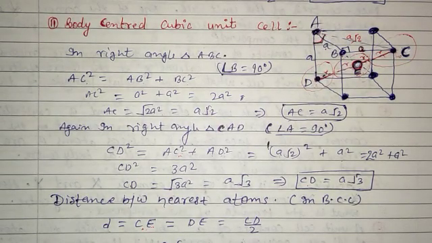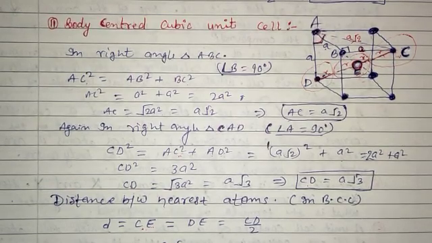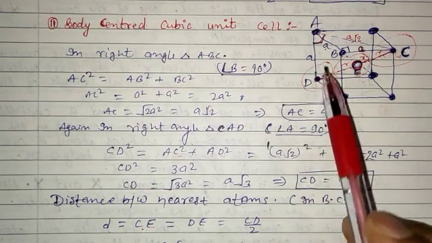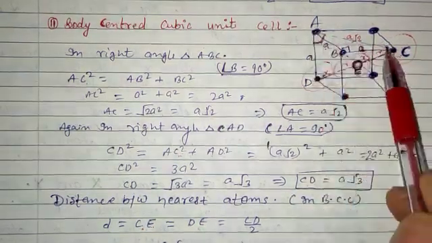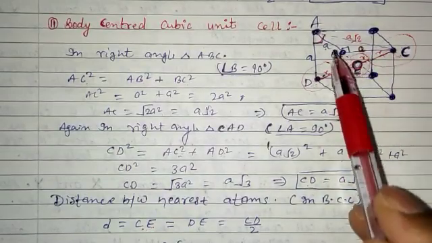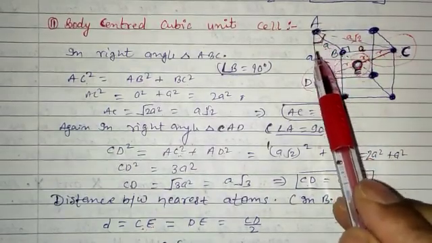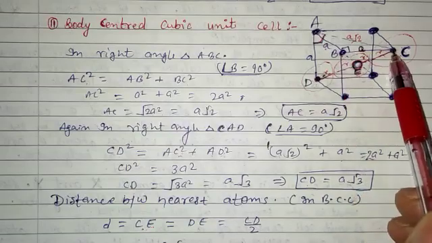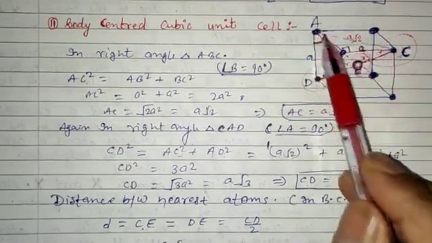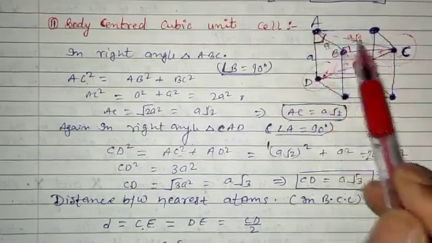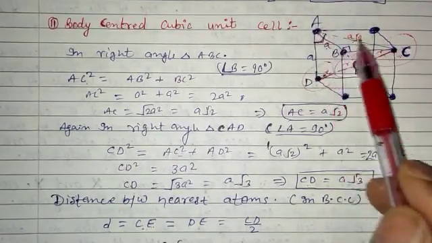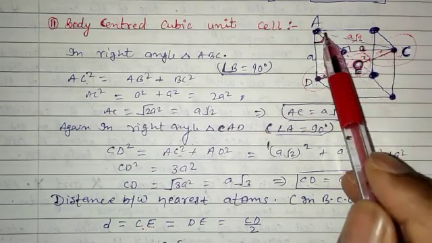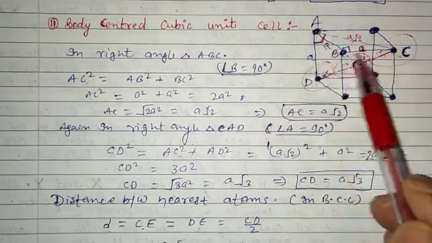So to find out the relation between edge length and radius of atom, first of all we calculate face diagonal, that is AC. Take right angle triangle ABC. In ABC, AC is face diagonal, that is hypotenuse in right angle triangle ABC.